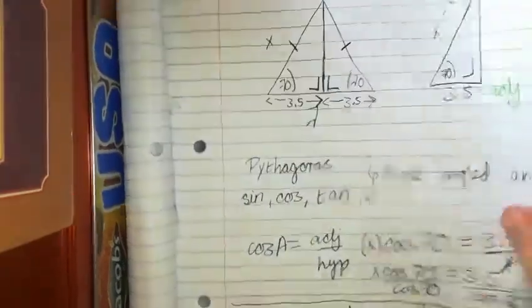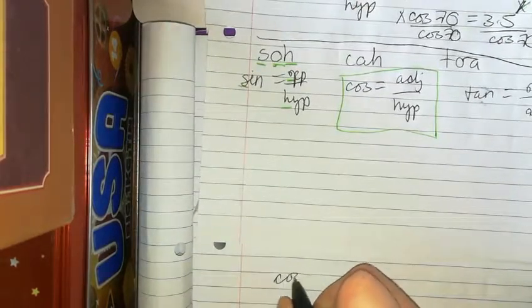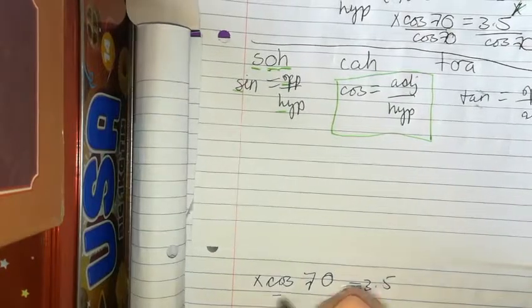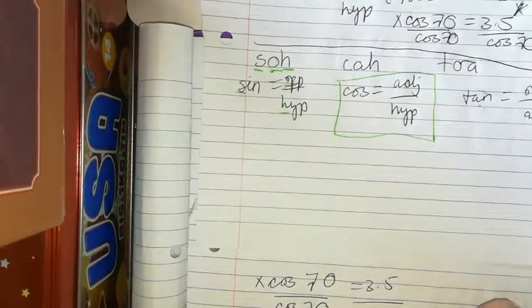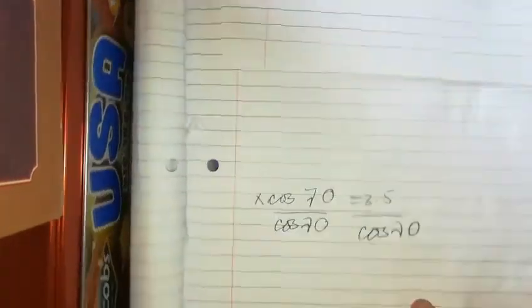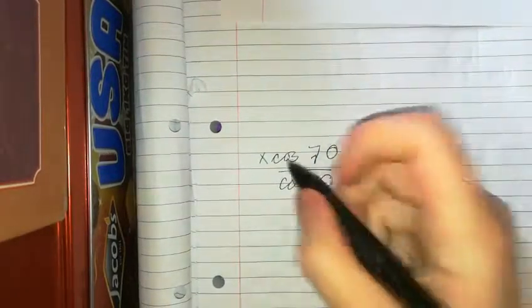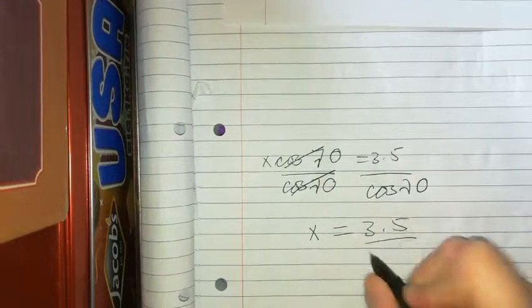I'm just going to get a different page. So I was left with x is equal to 3.5 over cos of 70. I'm literally after copying what I got down here. Now we have cos 70 multiplying and dividing, so they cancel. So x is equal to 3.5 over cos 70.